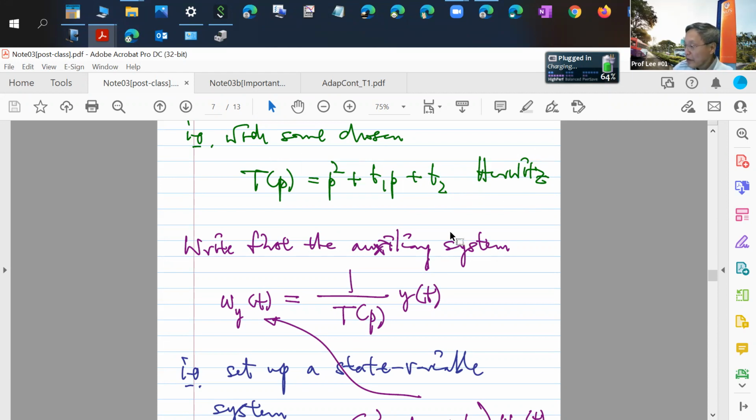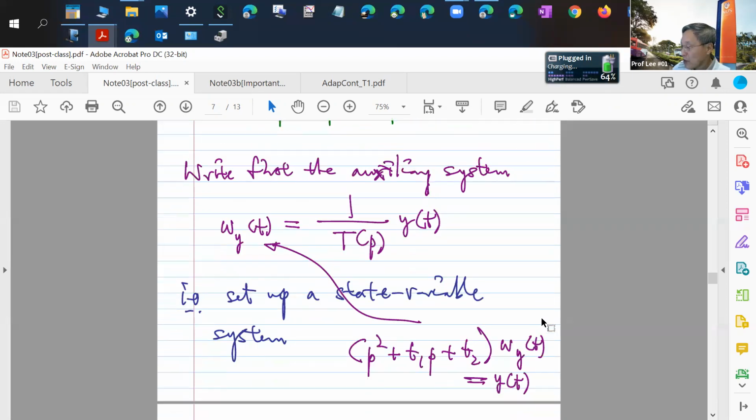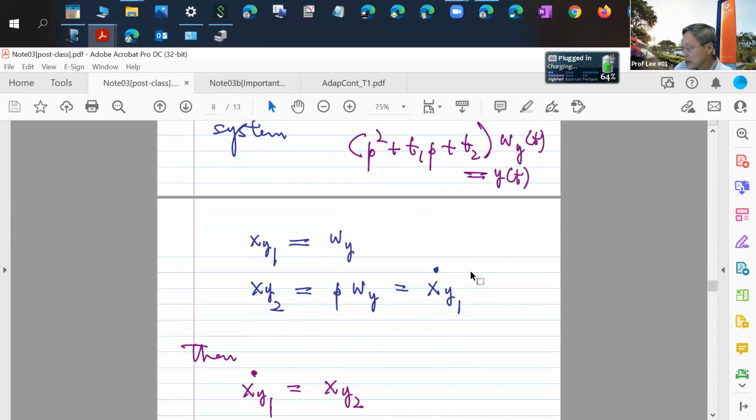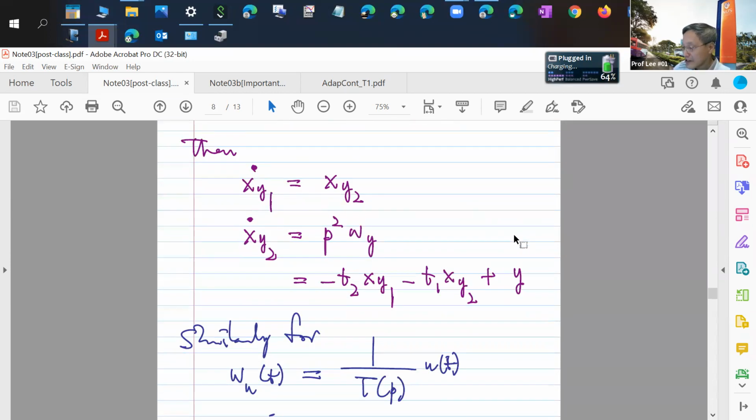So anyway, you choose this T, and then you take the Y, pass through a 1/T filter that you choose, call the resulting signal omega sub Y. You can set this up as a state variable system, control canonical form. Very straightforward. It will look like this.